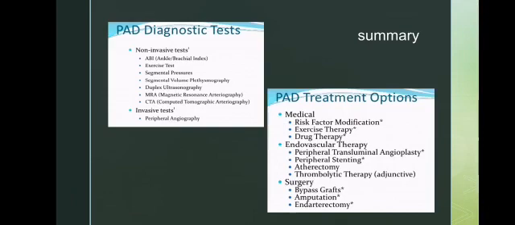Many patients suffer from diabetic foot infections due to peripheral vascular disease. So, I hope that this small talk would have given you a basic idea about peripheral vascular disease. It has 4 stages: asymptomatic, intermittent claudication, critical limb ischemia, and acute limb ischemia.